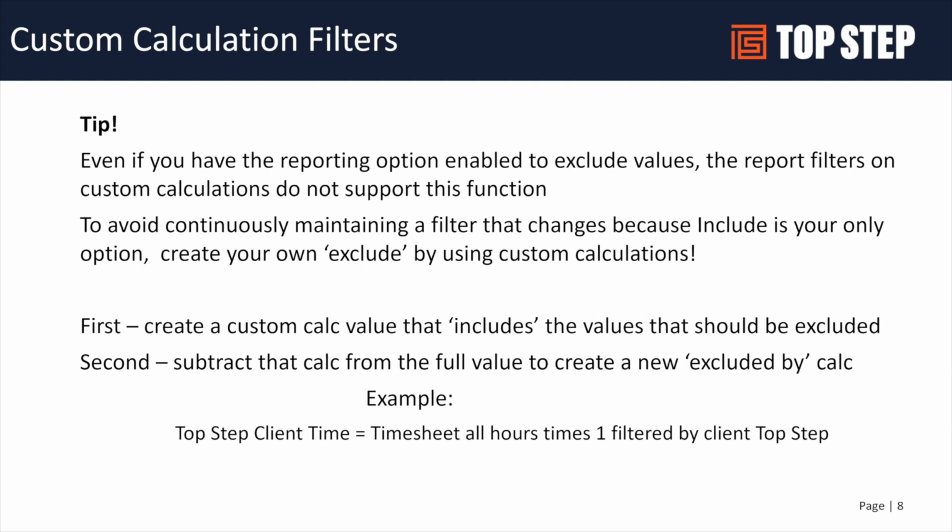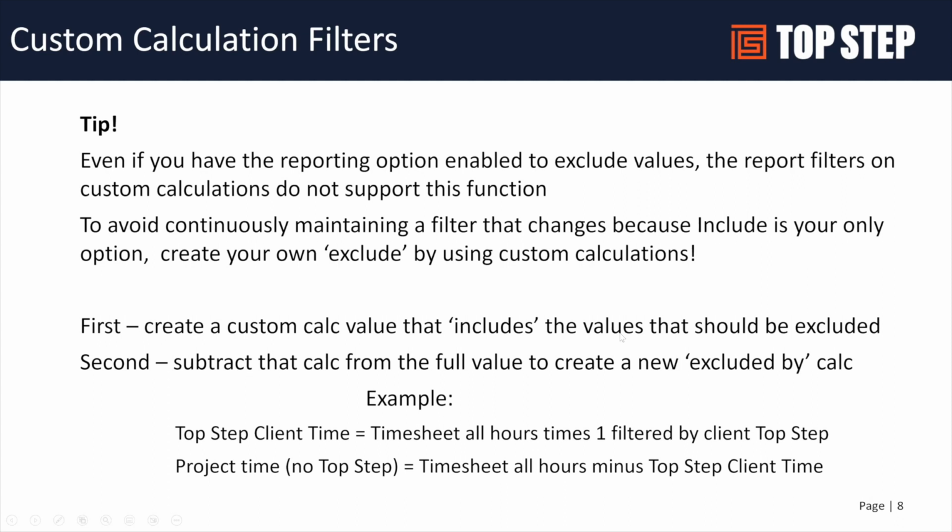So now I'm creating top step time, and then I would create a second calc that says all time minus the calc we created. This is a workaround to exclude any time against top step, where top step is the client of the project, and get our project or customer time spent in a custom calc. So you were able to create two calculated fields to get to the value you're looking for.